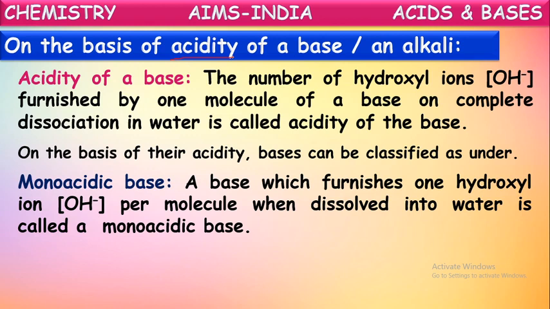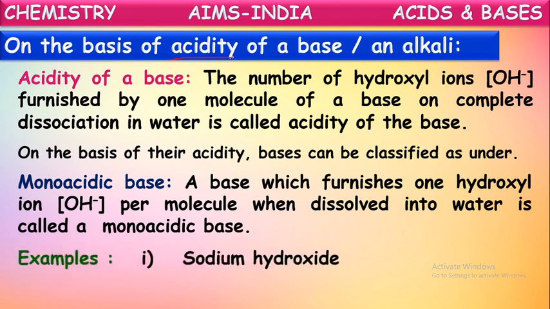One of them is monoacidic bases. The bases which furnish only one hydroxyl ion per molecule when dissolved into water are called monoacidic bases. For example, sodium hydroxide. When you dissolve sodium hydroxide into water, it produces only one hydroxyl ion from each molecule.